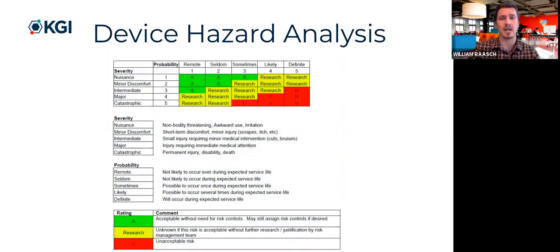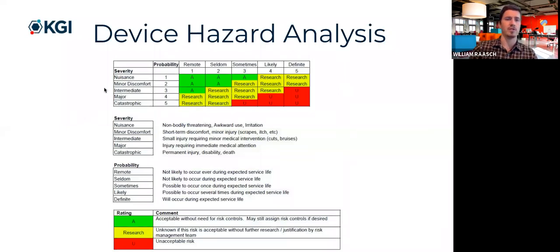I mentioned that a lot of things will come up with your user testing. Some features might be very important, and some issues might not be important at all. It helps to have a framework to analyze the severity or the importance of a particular risk or issue. One way to do this is called device hazard analysis.